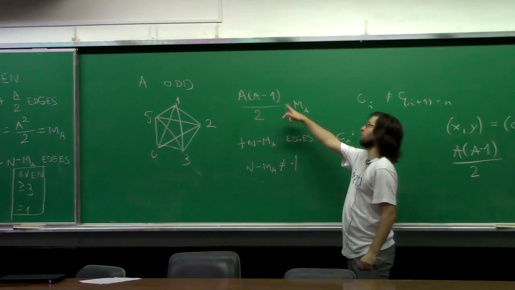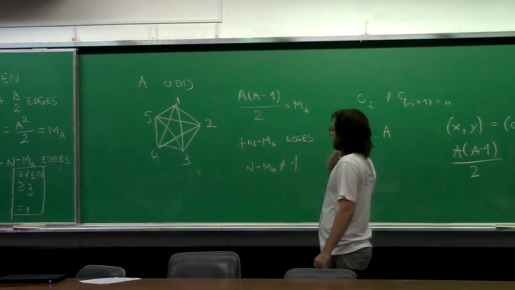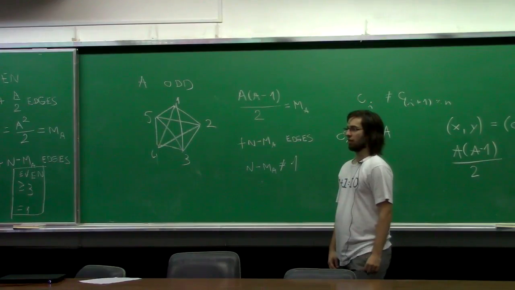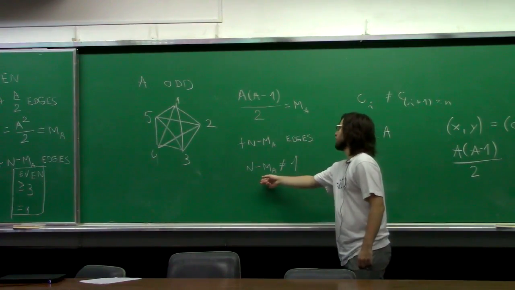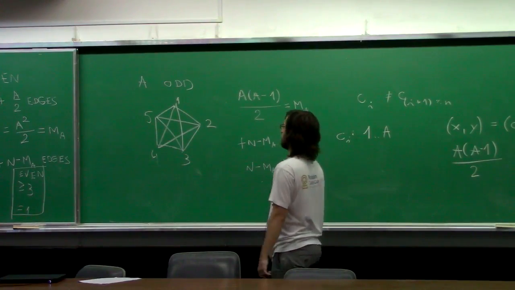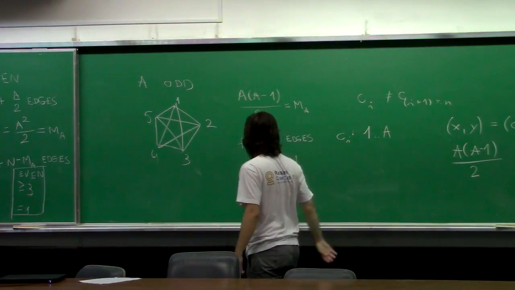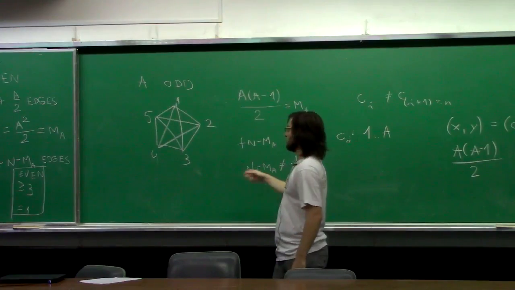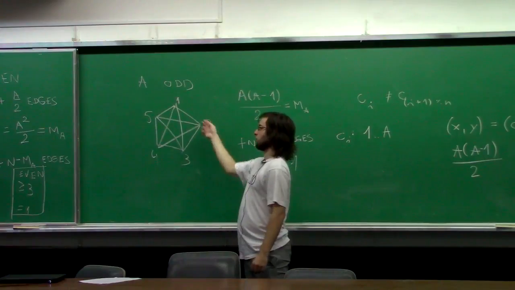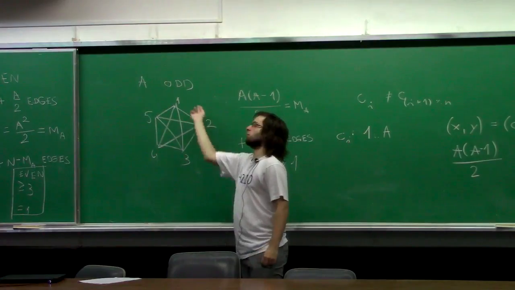So n isn't (a-1)/2 plus 1. And if this condition holds, it is possible to just make a cycle with this many edges. It doesn't have to be a simple cycle. We can just make it in some way, either between vertices 1 and 2 if this is even, and if it's odd, then between vertices 1 and 2, or with 1, 2, 3, then back to 1.